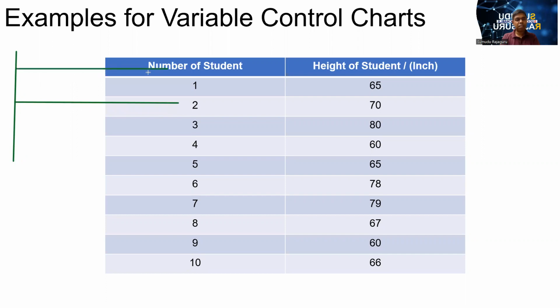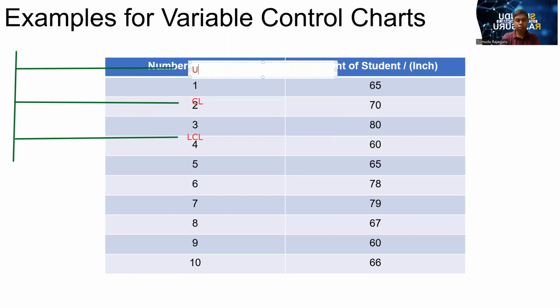This is the center line. This is the lower control limit. This is the upper control limit. Whatever data points we have, they should be included within this area. Based on that, we can decide if it is out of control or in control.